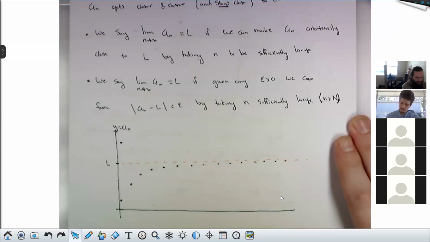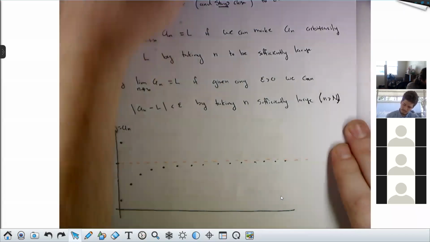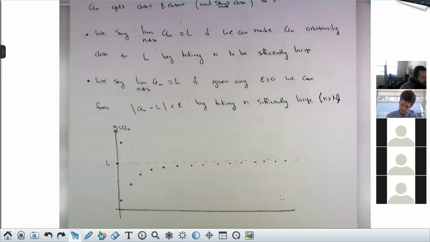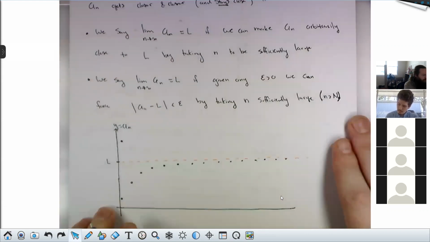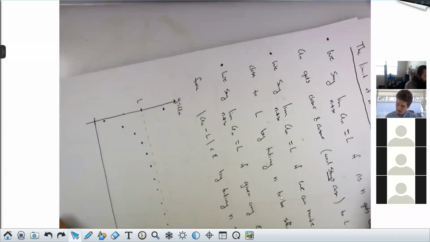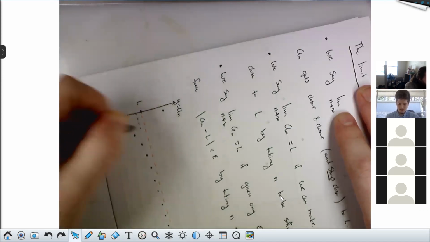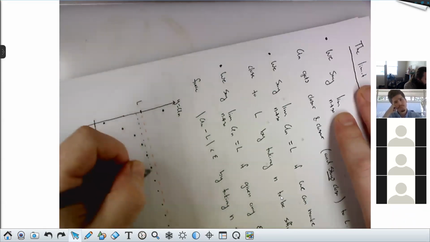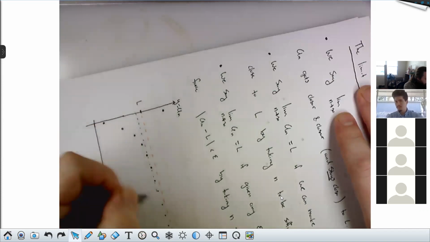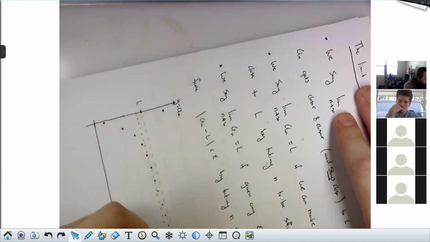The way we make that quantitative is that we give ourselves some epsilon window about L. And we say, okay, well, past some point, do the terms of my sequence all live within that epsilon window?